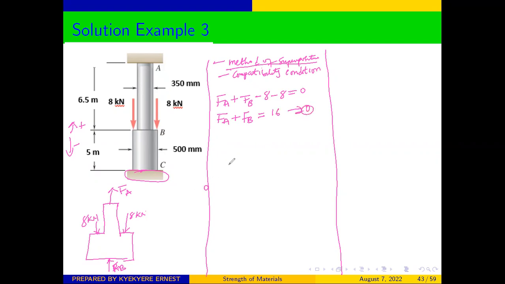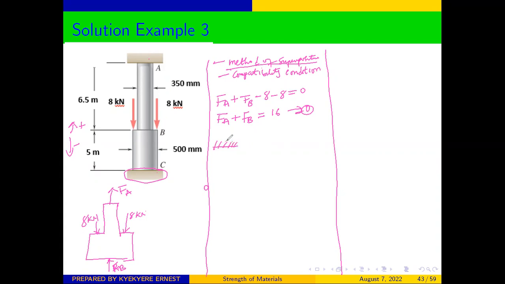Once we are able to write that equation, we come to our structure again, and using the method of superposition, we assume that there is no rigid support at one of the ends. You can see that you have rigid support at A and rigid support at C. You are going to assume that there is no reaction at this side. So that is going to be your first situation.